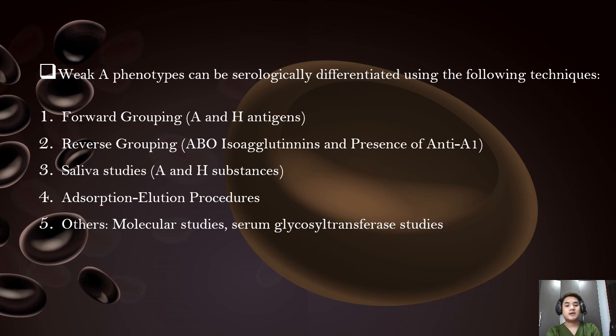Saliva studies for your detection of the A and H soluble substances for secretors, and the adsorption elution procedures specifically for AY, AM, and AL. And investigation and differentiation can also be achieved via molecular assays and enzyme studies, or with the enzymes responsible for your immunodominant sugars.